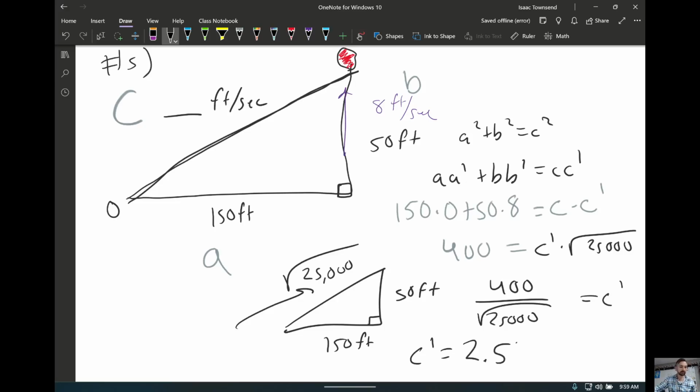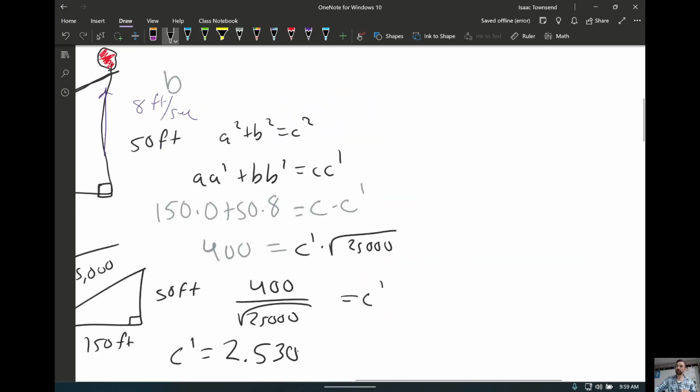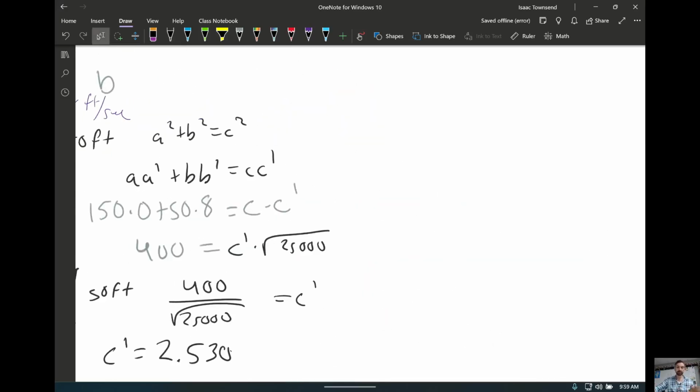As we talked about earlier, if you have a calculator to make this a decimal, if it was multiple choice, you could plug in all of the choices in your calculator, compare decimals, and pick out the one that has the same answer as them. But if you're curious how they came up with that answer, what they did is they broke down the square root of 25,000. That's a big number.